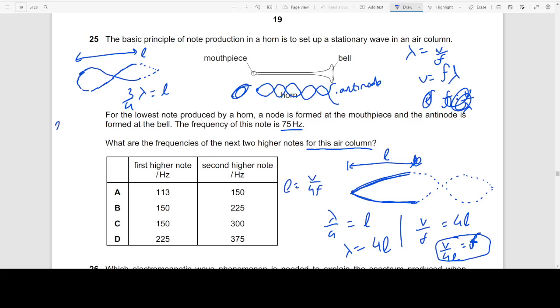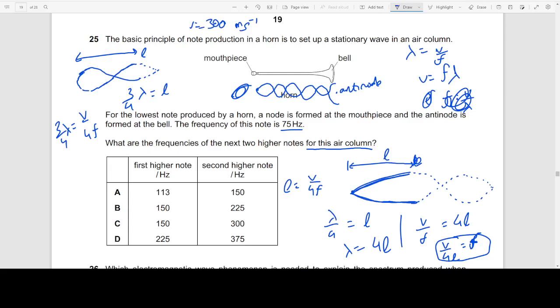So 3 upon 4 lambda is actually V upon 4F. Let's take V as maybe 300 just for reference. So V is 300 meters per second, the speed of sound in air, approximately 300.